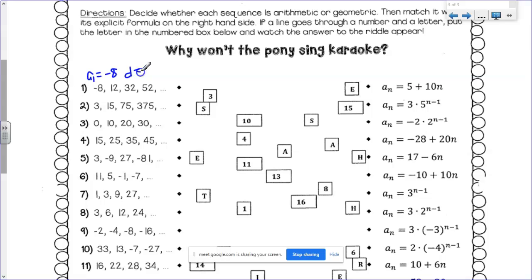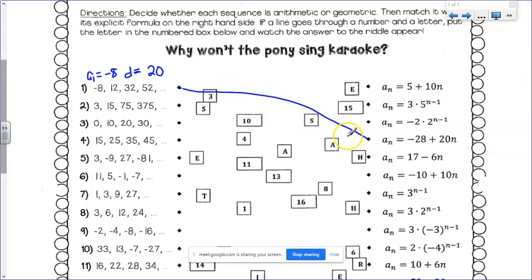And my d is? No, it looks like 4, but that's -8 to 12. So how do you go from 12 to 32? 20, right? 20.